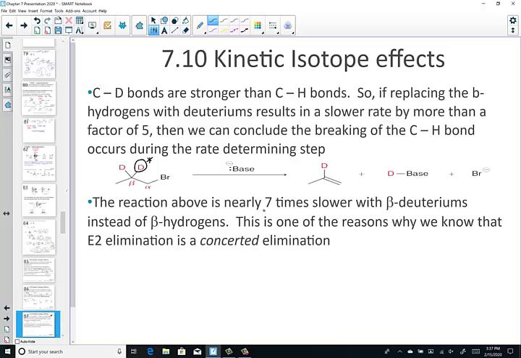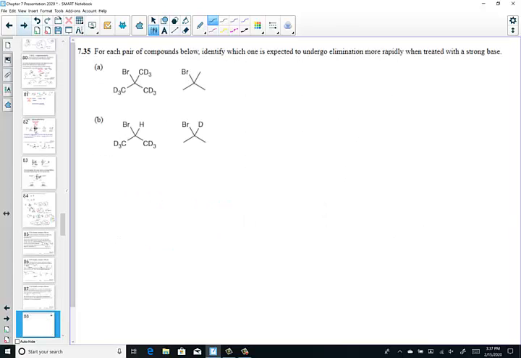We've studied this to find that when you replace hydrogen with deuterium, the beta deuteriums instead of beta hydrogens, it actually occurs 7 times slower. Therefore, you know that this is a concerted elimination where the deuterium is part of the mechanism. So really just giving us insight into how we study reaction mechanisms. We often substitute isotopes in and track the kinetics and see how it's affected.